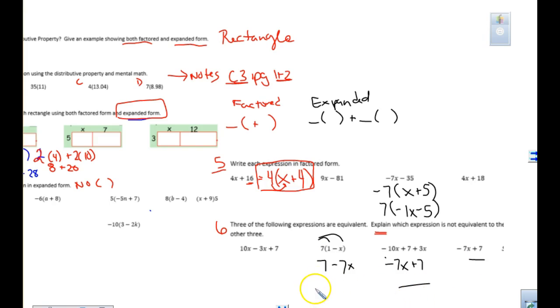Yeah, it's just written in a different order. Could I rewrite it and put -7x plus 7? Then it looks the same, right? So it says which one is not the same, and this one comes out to be 7x plus 7. So it says explain why. Because the 7 is positive here, and all the rest of them have a coefficient of -7, something along that line, okay?